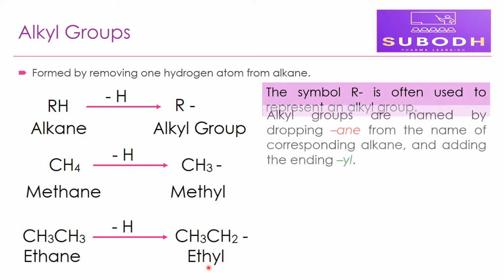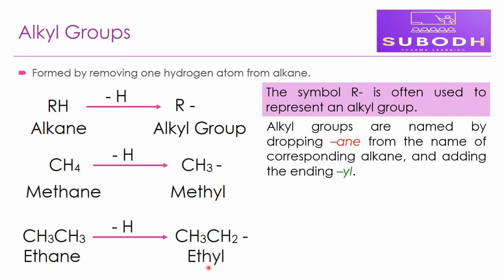The alkyl groups are named by dropping ANE from the name of corresponding alkane and adding the ending as YL.